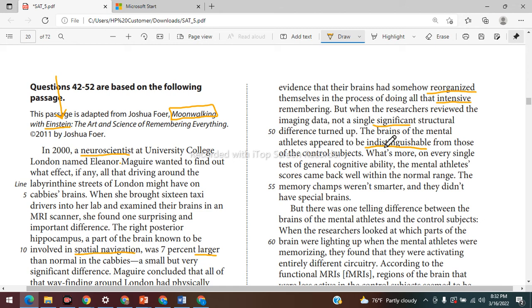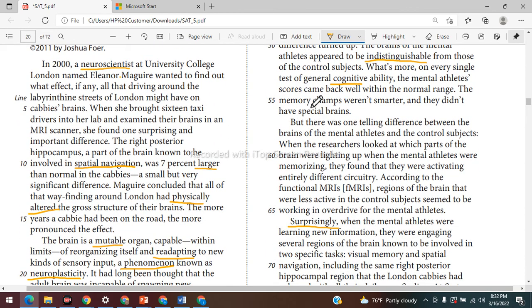You can't tell the difference. Indistinguishable, cognitive. Chomps. It's a very good word. Simple but strong. Circuitry. Very good word. This is a good one. This one should be learned.